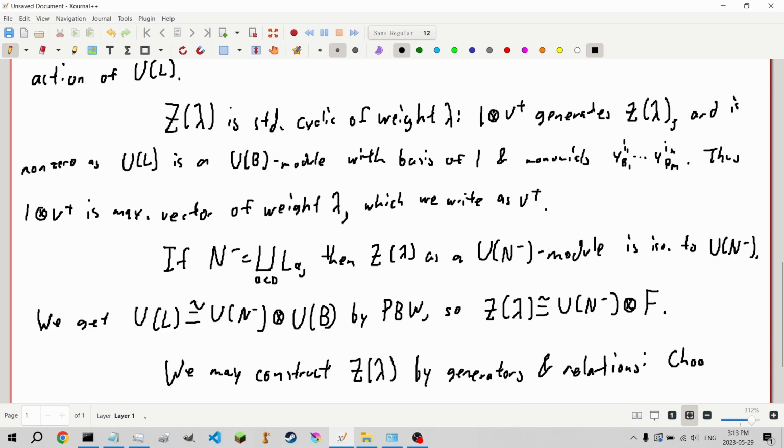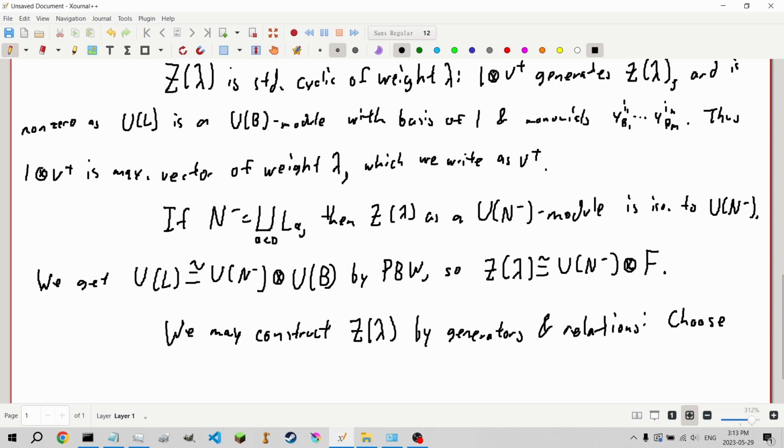I'm going to choose some non-zero elements x alpha in L alpha for positive roots. Roots are base.